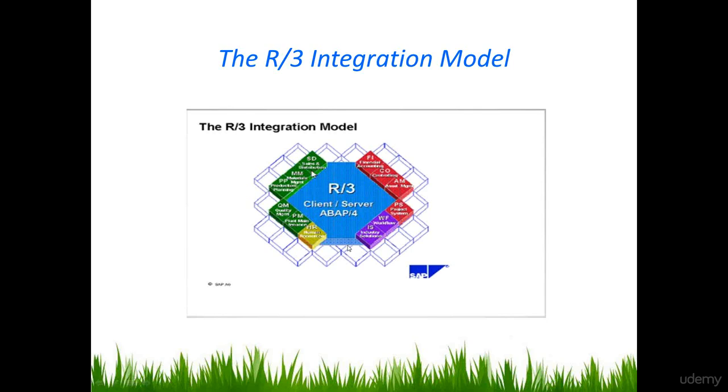Whatever you see here is a few of the modules I have mentioned, but several modules have been introduced these days, and for each and every module there are consultants available to implement and customize. Okay, so that is the simpler version of a SAP R3 integration module.